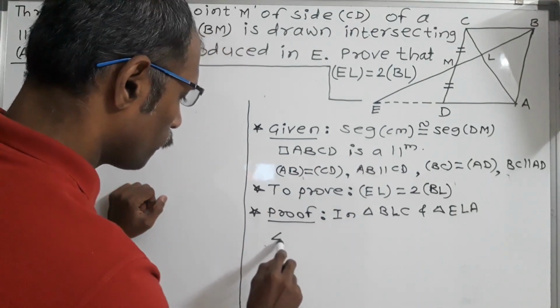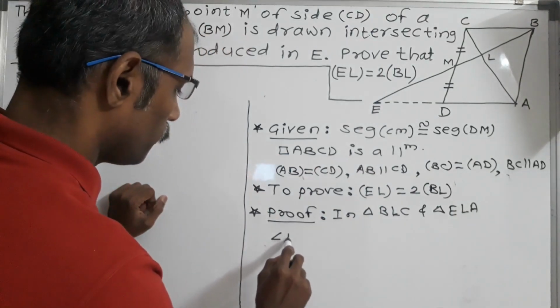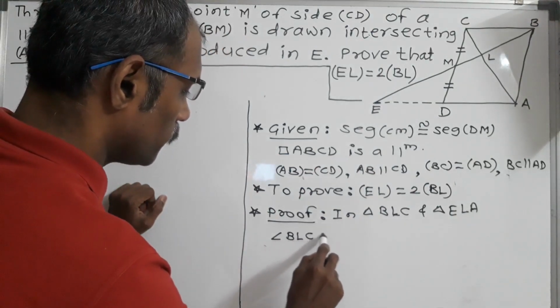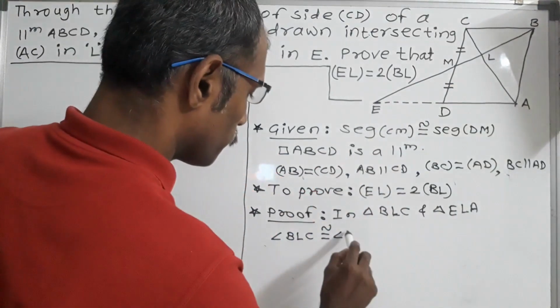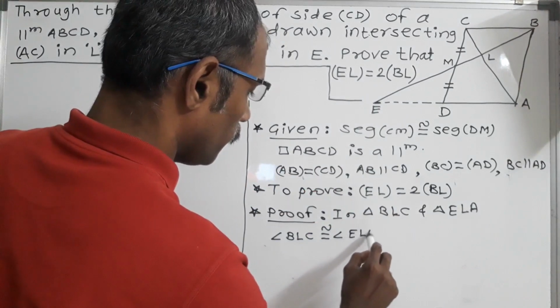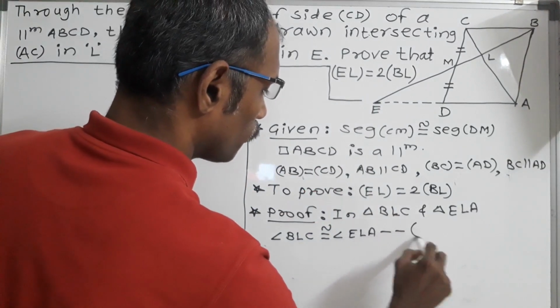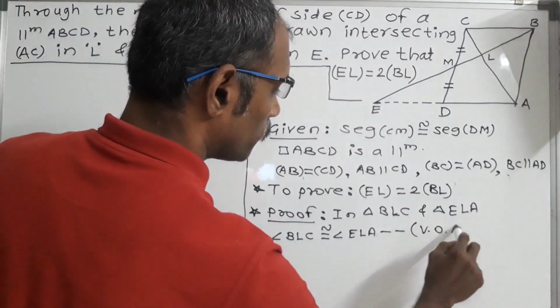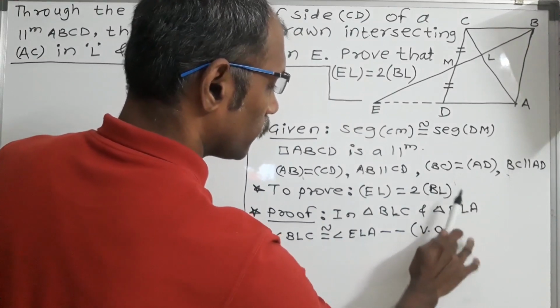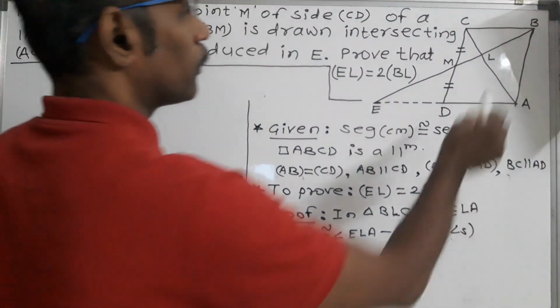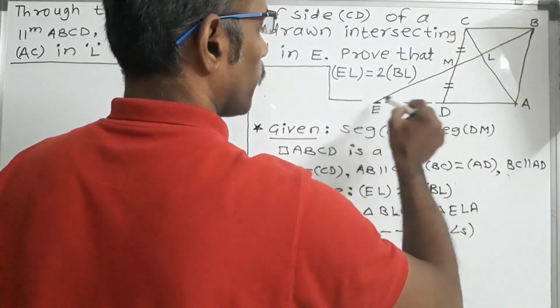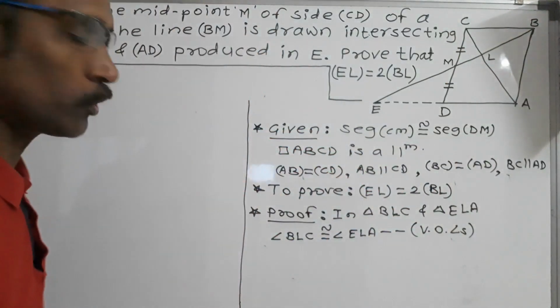Means angle BLC is congruent to angle ELA. These are vertically opposite angles.